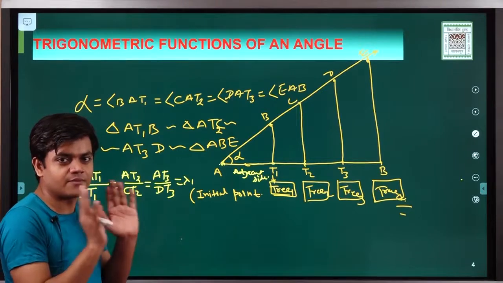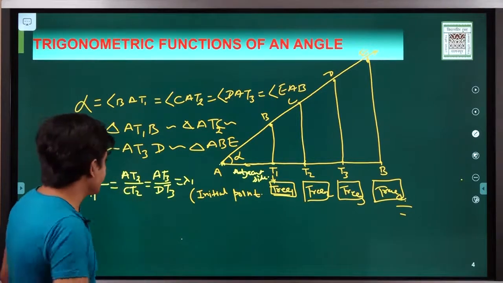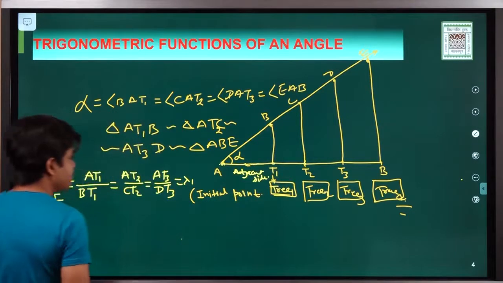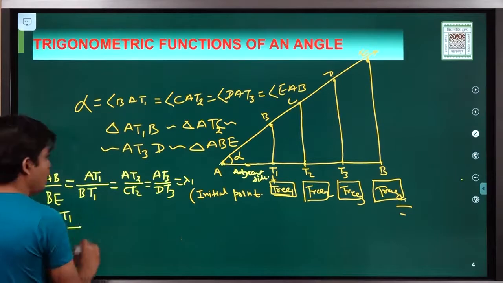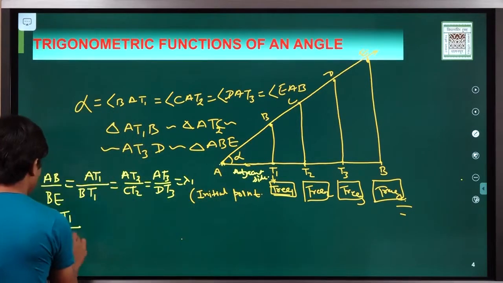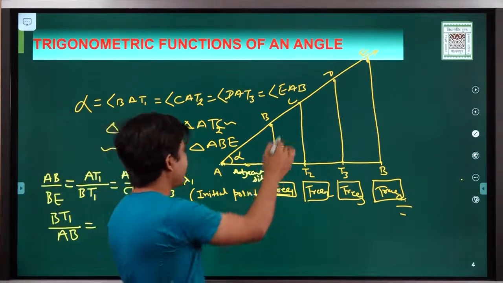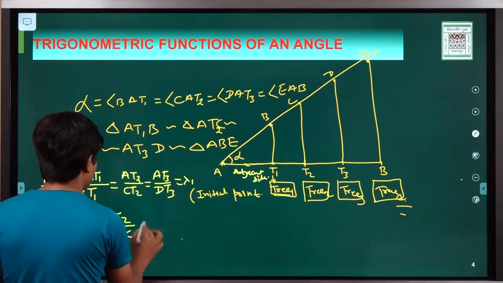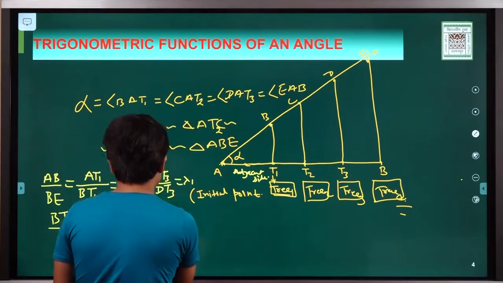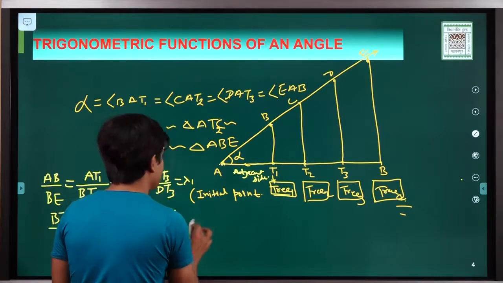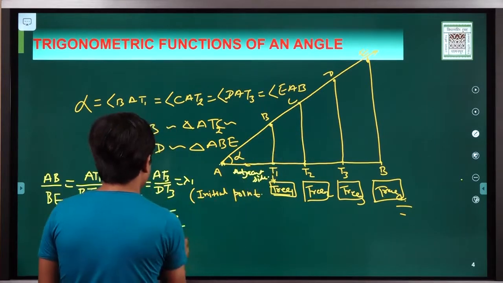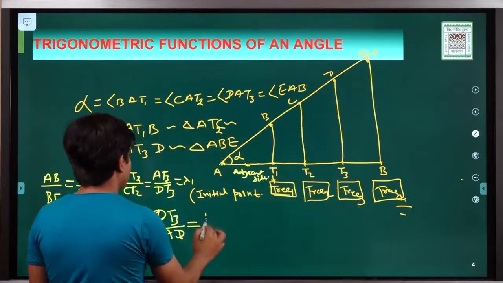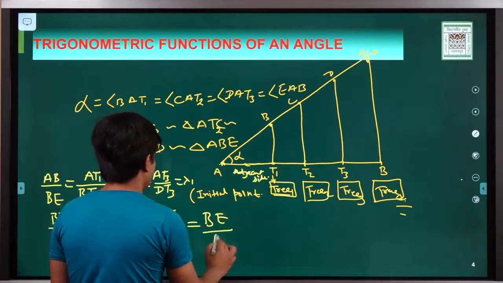I am not writing it, but you can imagine. Again we can take other ratios like BT1 upon AB, which is equal to CT2 upon AC, DT3 upon AD, and BE upon AE.